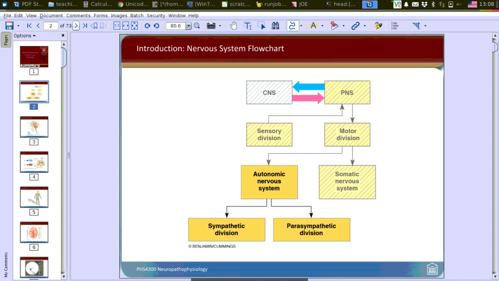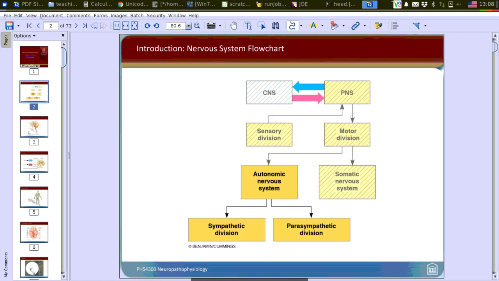So, simply as a review, this figure is a flow chart of the nervous system, just so that you remember that the central nervous system is the brain and spinal cord, and this is where all of perception and voluntary actions are initiated.